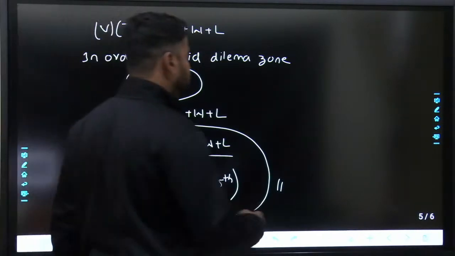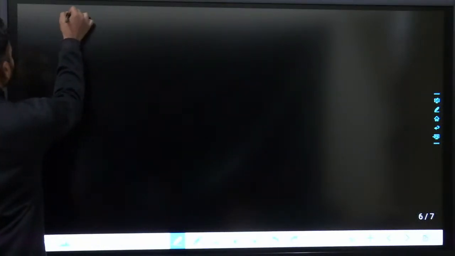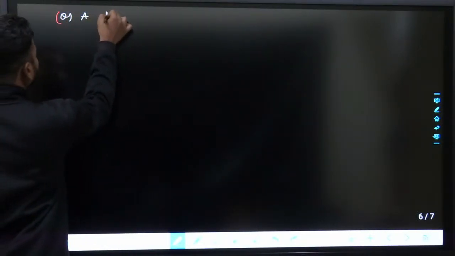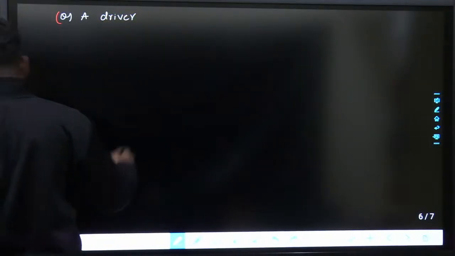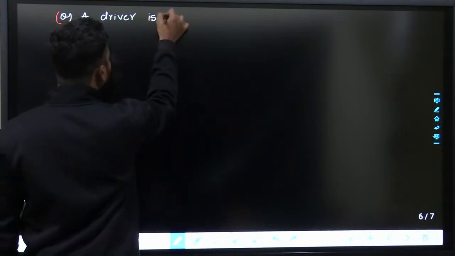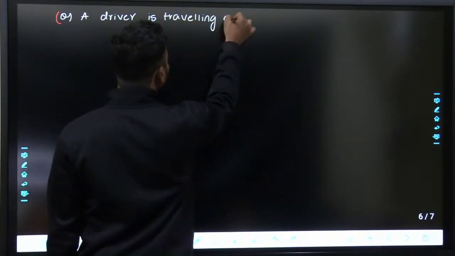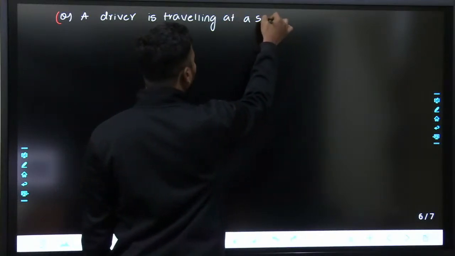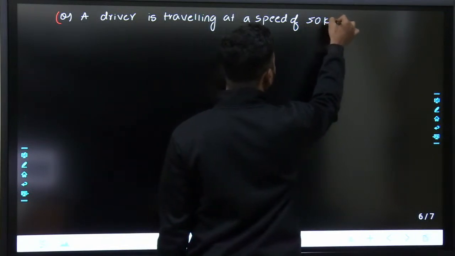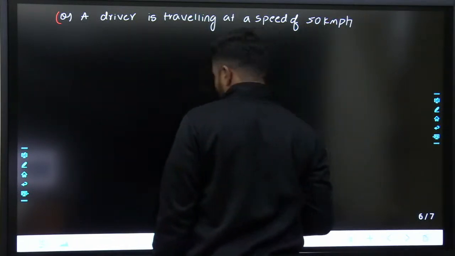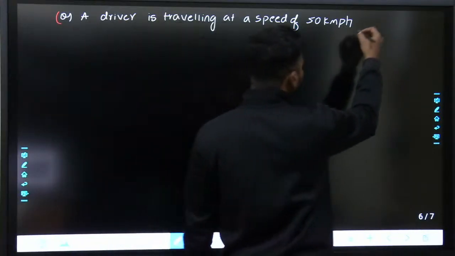Fine. So, we will try to solve a question. A driver is traveling at a speed of 50 kilometers per hour, was seen crossing an intersection.